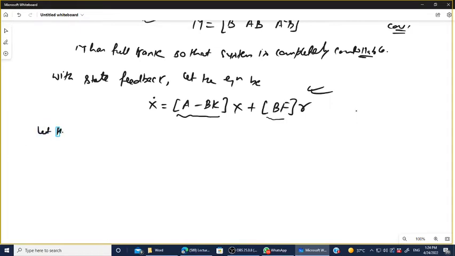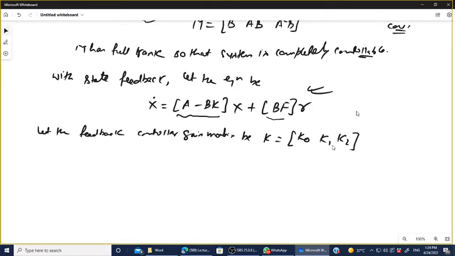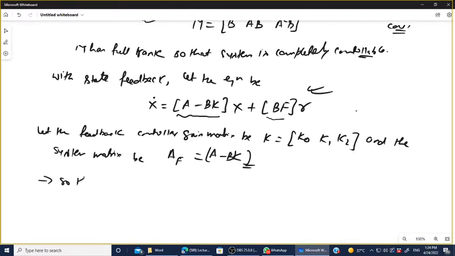Since it's a third order system, let the feedback controller gain matrix be K equals [k0, k1, k2]. Now the system matrix is modified, and it becomes AF, which is nothing but A minus BK.